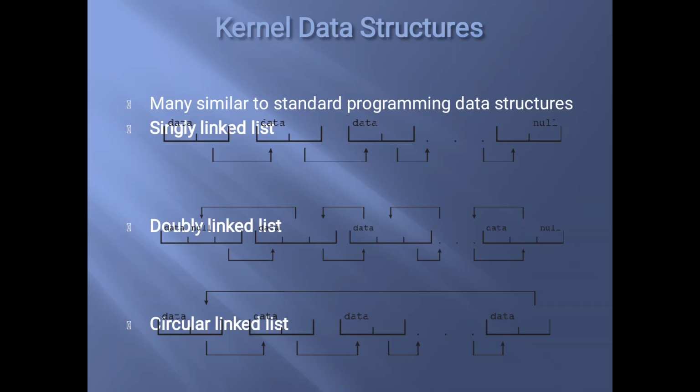In the circular linked list, each data has two pointers. The next data information is available in pointer 2. In the first data's pointer, the last data address is stored.